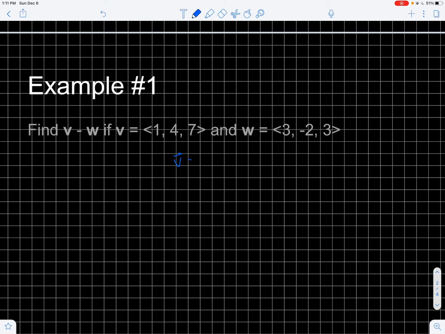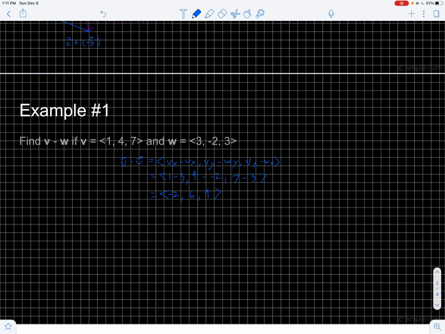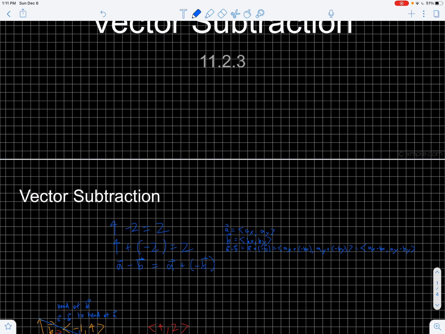Well, v minus w equals vx minus wx, vy minus wy, vz minus wz, which is equal to 1 minus 3, 4 minus negative 2, and 7 minus 3, which gives us negative 2, 6, and 4. Sweet. Hopefully no problems there.